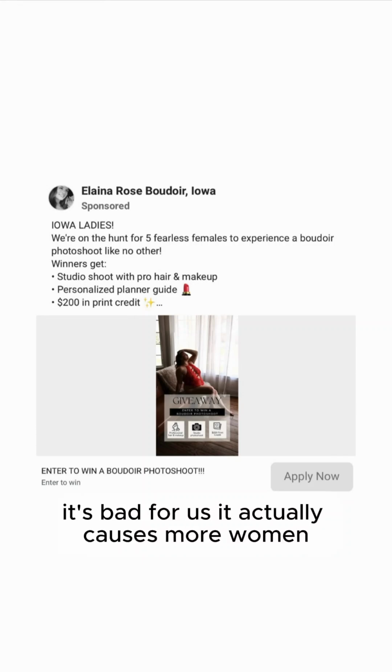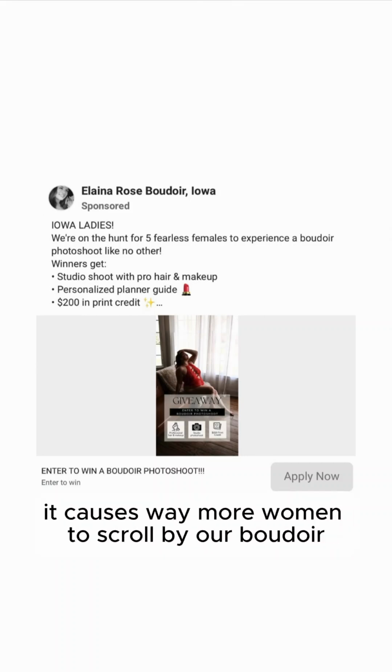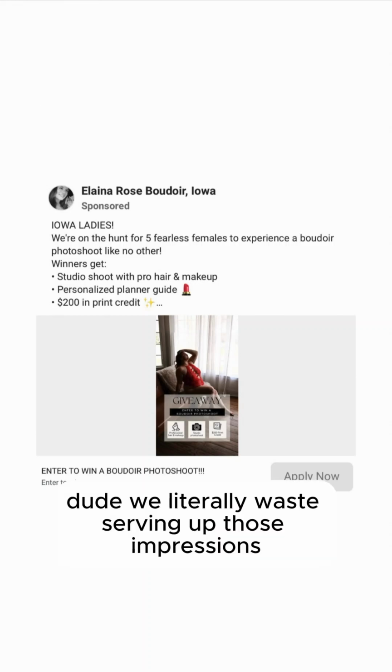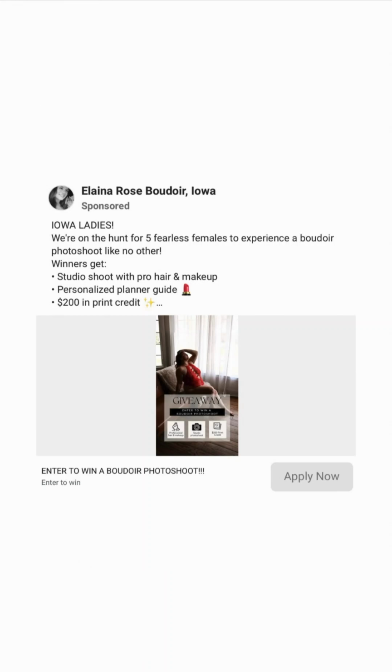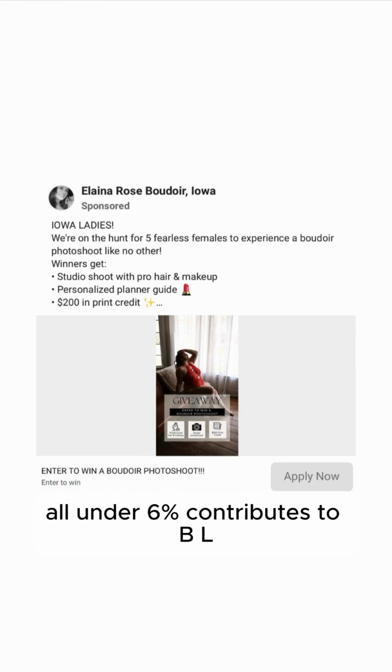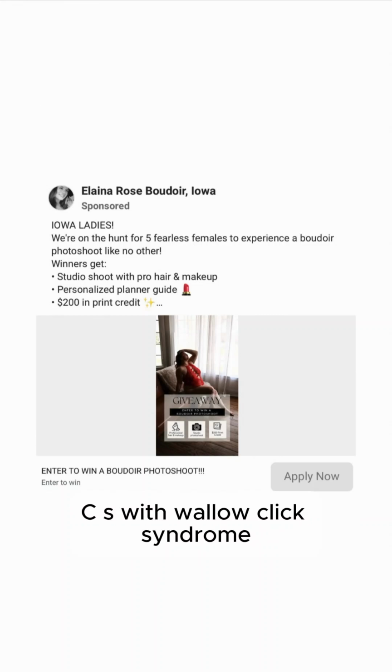It actually causes more women, the consequences is it causes way more women to scroll by our Boudoir Facebook ad than necessary. We literally waste serving up those impressions because the women are just going to scroll by, our ad never enters their brain. So it pulls our unique CTR under 6%, contributes to BLCS, Boudoir low click syndrome.